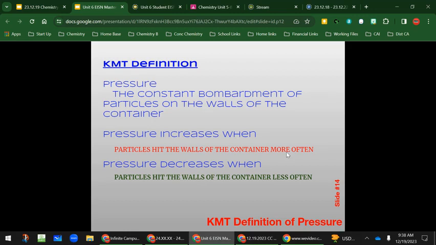So we look at it in terms of kinetic molecular theory. Pressure is how often particles hit the walls of a container. If you can make them hit more often, your pressure will go up. If you can make them hit less often, your pressure will go down. How do you do that? You change one of these three things, ladies and gentlemen.